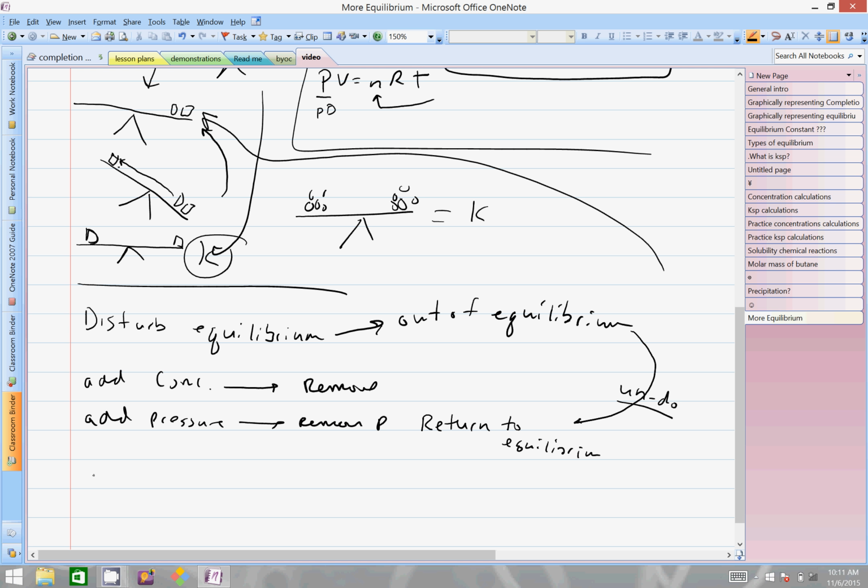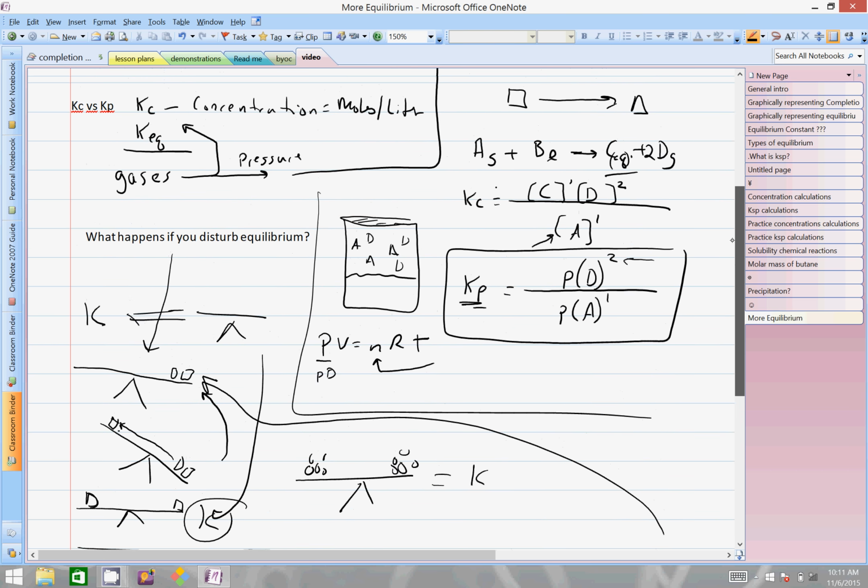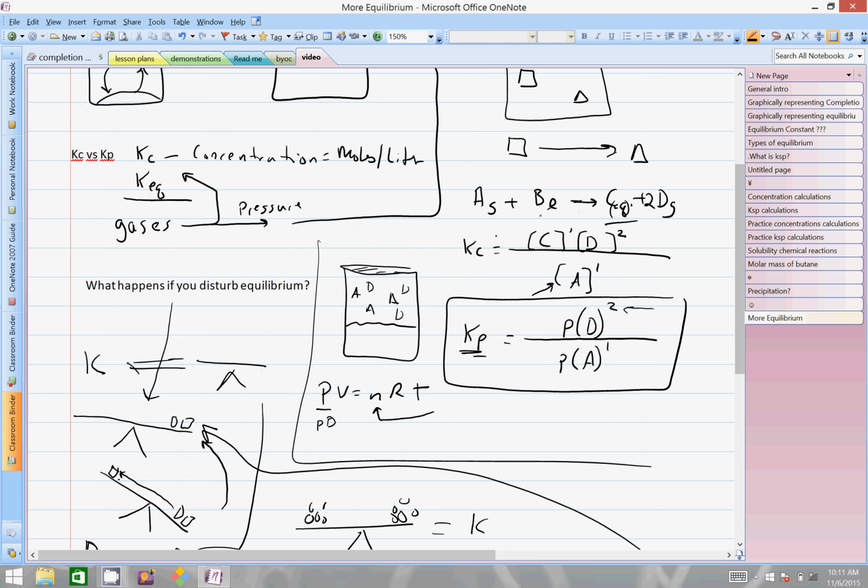So if we look at a reaction, K, let's go with this example we have up here, with A plus B going to C plus D. If we do anything to disturb these concentrations, then this process will work to regain the concentrations. Now, if I were to add C, well, then I have too much product. So it's going to try and shuffle C and D together, shuffle those back over to reactants.